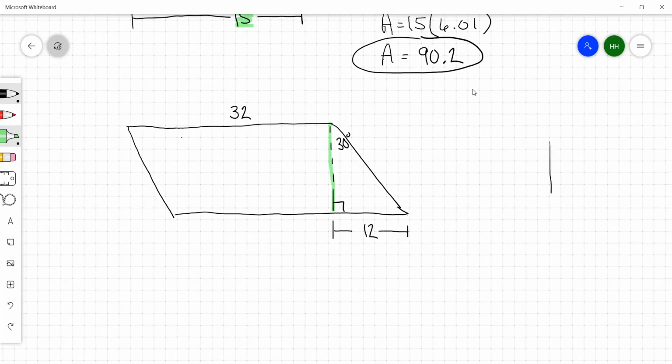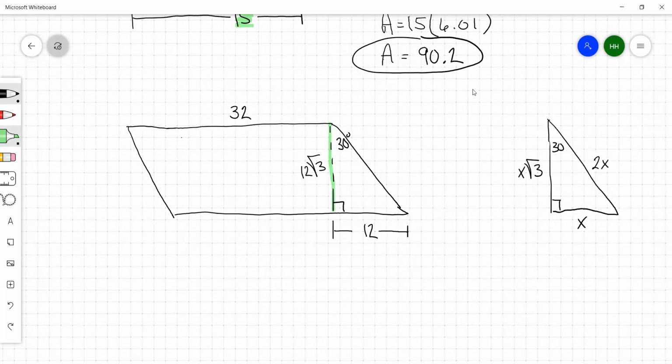The relationship looked like this in a 30, 60, 90. Here's the kind of a shortcut. If this is your 30 and this is x, this is 2 times x, and this is x times the square root of 3. Okay? So 12 times the square root of 3 is your height.